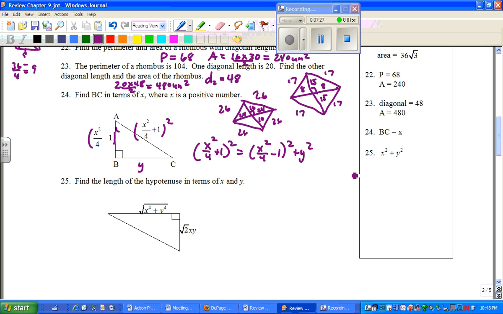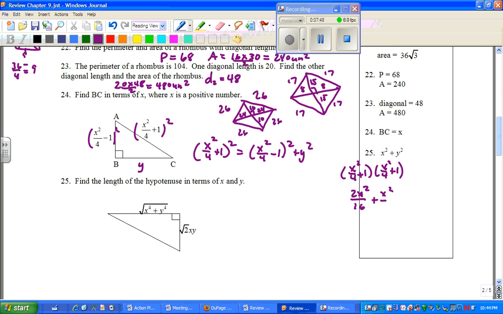Oh, we have to FOIL this piece over here, so I'm going to come off to the side and say x squared over 4 plus 1 times x squared over 4 plus 1. When I FOIL this, x squared over 4 times x squared over 4 is 2x to the 4th over 16.